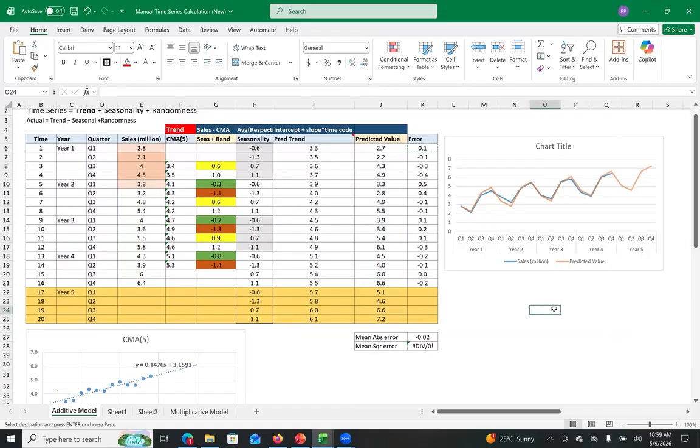Now you can see the actual line as well as the predicted line. So I believe we are doing a decent job with the model that we just created out of Excel.